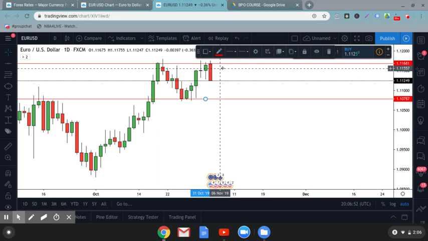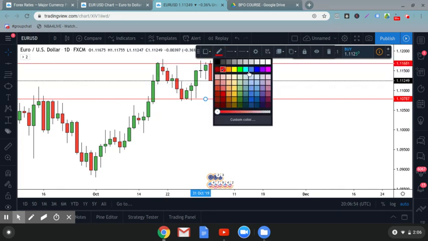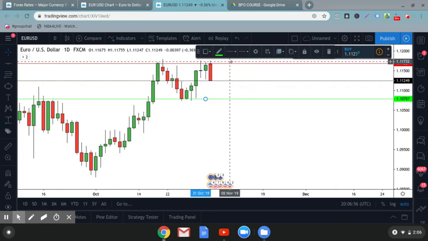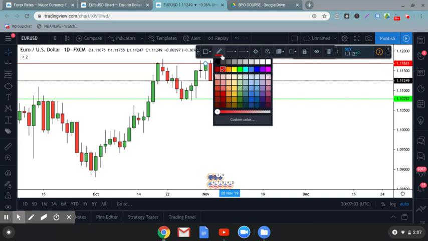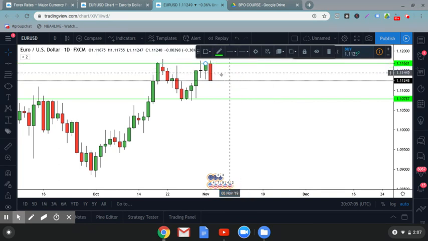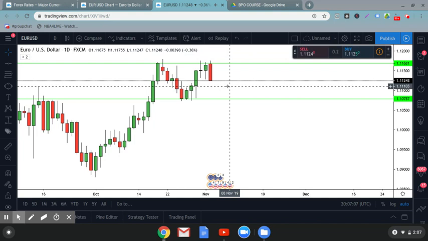But just realize that the higher time frames that you do go, if it does reach those zones, the stronger of a move that it actually will become, okay? You're more likely to see a reversal and or a rejection from that zone, okay?